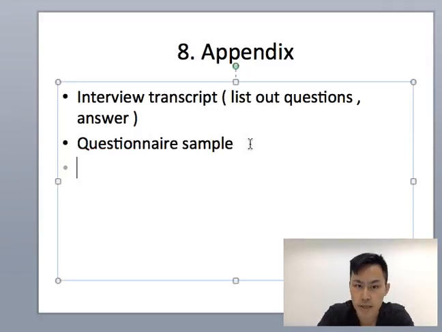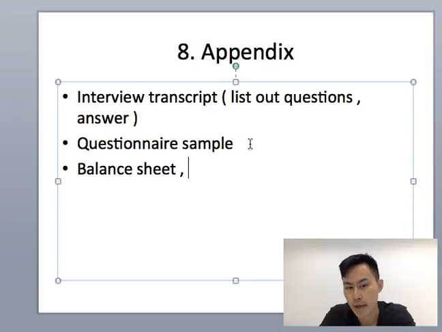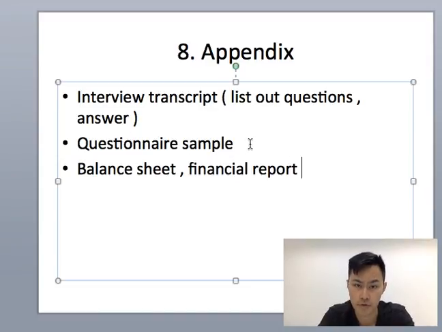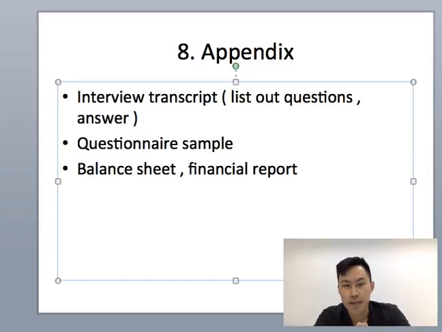And what else can you include? Sometimes if you have the balance sheets, and also maybe the financial report from the company, if they really give you that, then you can include it in your appendix, yeah? So this is how you get your level 7 in your business IA, okay?